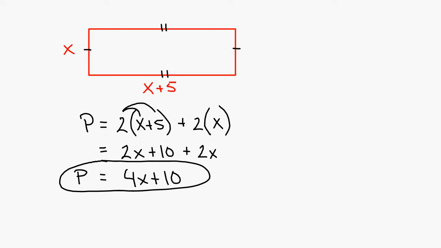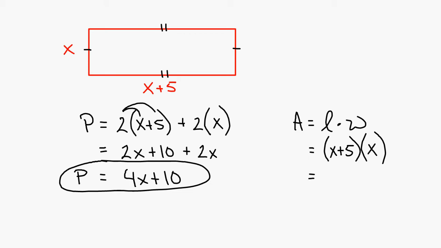The area is equal to length times width, right? So the area is going to be equal to the length, which is x plus 5, times the width, which is x. And this is another example of distributive property, but the single term is on the right-hand side.